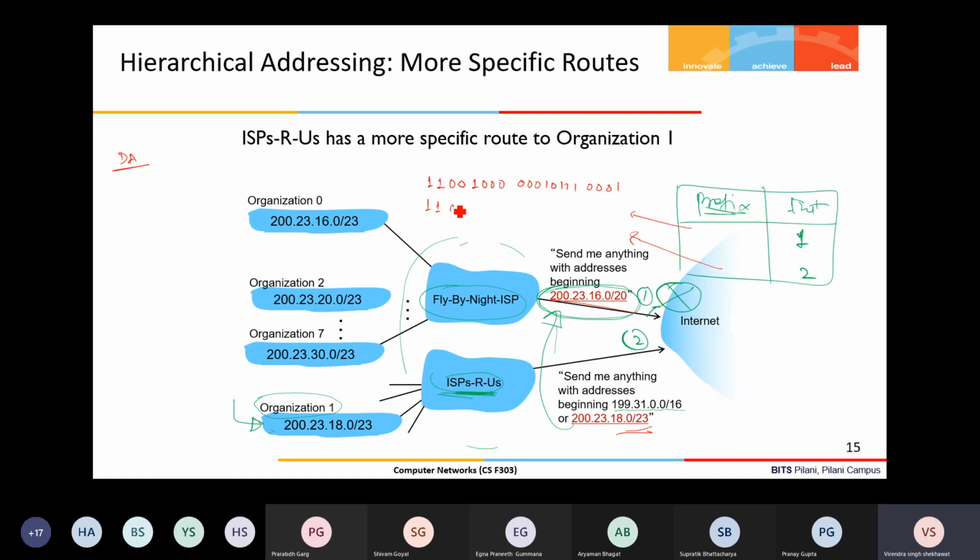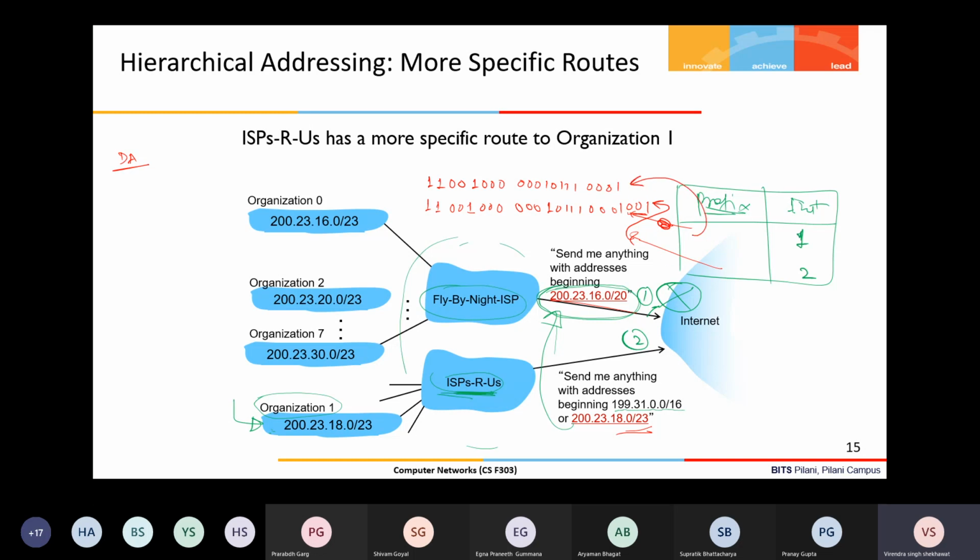These bits will be the same, 0 1 0 0 0 0 0 0 1 0 111 and 0 0 0 1 0 0 1. Three bits are extra, right? That is for the second, and this is for the first. These two prefixes are there.